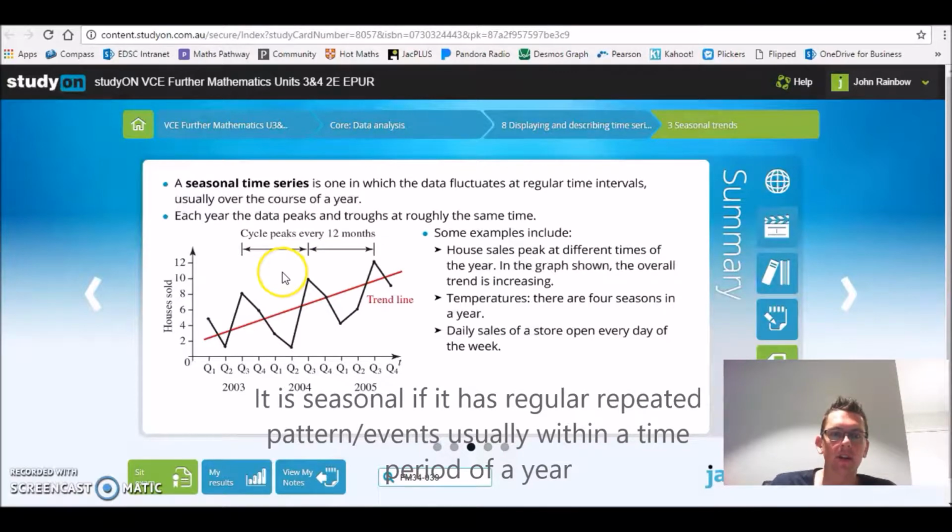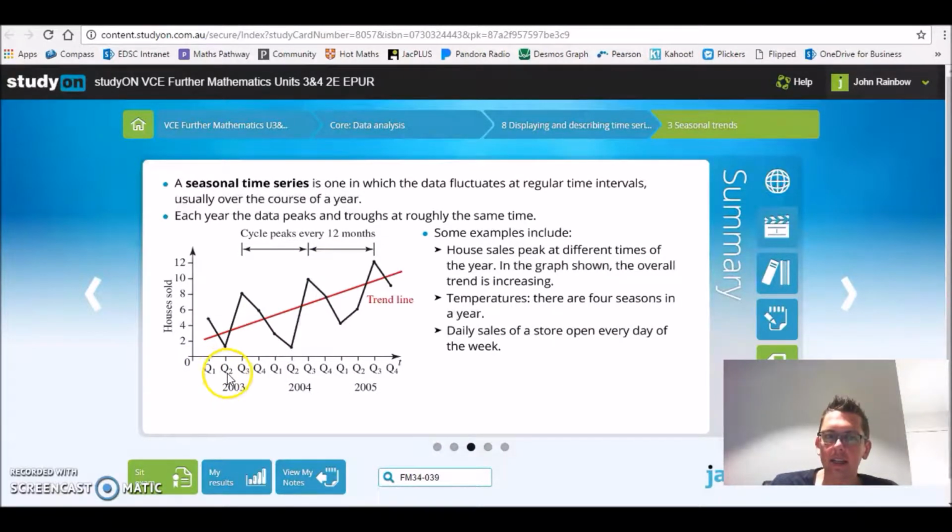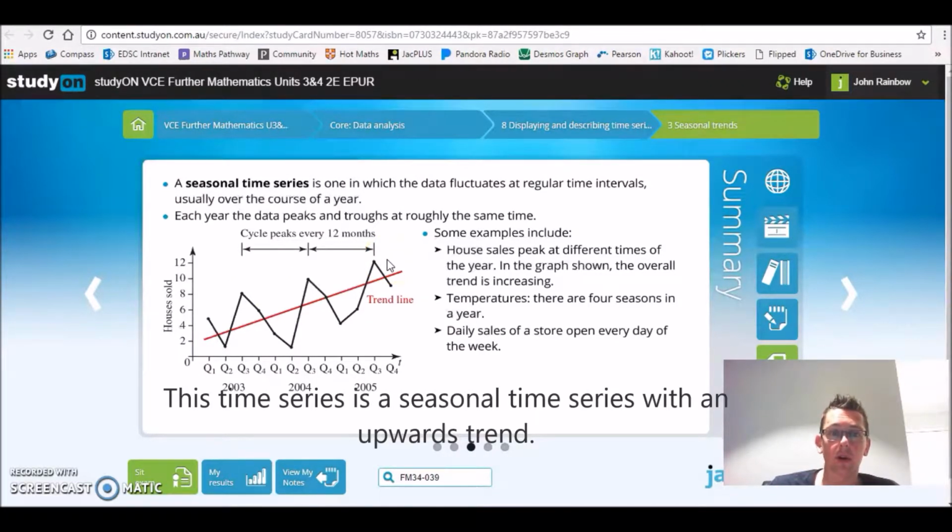So in this case, you can see the time down here is actually the quarters, so it means quarter of the year, Q1, Q2, Q3, Q4, and if you look at all the Q3s, see how we hit our peak in each of them. Now there is a steady increase up in the trend line here that we can see, so it goes up, but at the same time we have a seasonal fluctuation happening there, because it does fluctuate on the Q3 every time here.